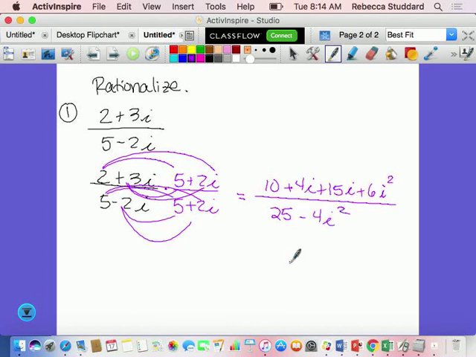So on the denominator, you really just have to do first times first, and then last times last. That last times last is going to have a minus something i squared. Any questions so far?